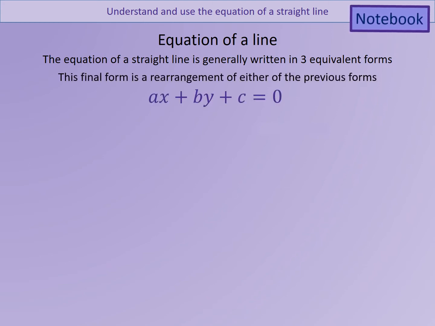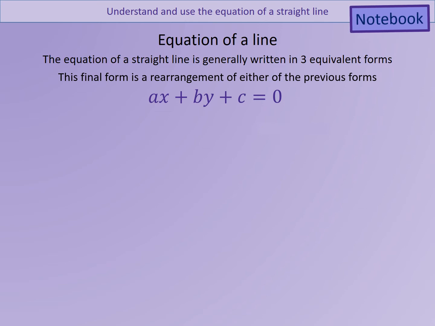Here is our final version, which is just really a rearrangement of y equals mx plus c, but quite often the exam paper will ask for it in the form ax plus by plus c equals 0. And they'll also sometimes ask that a, b and c are integer values, whole number answers.